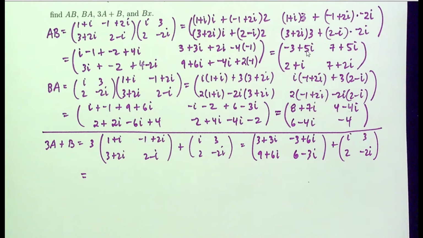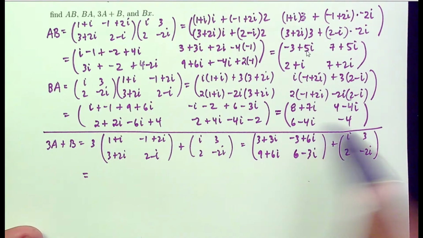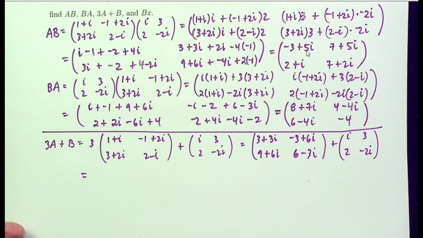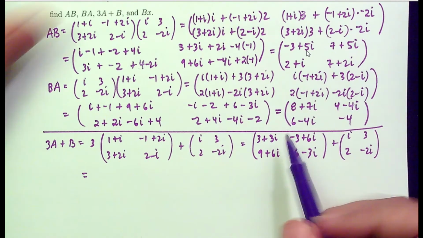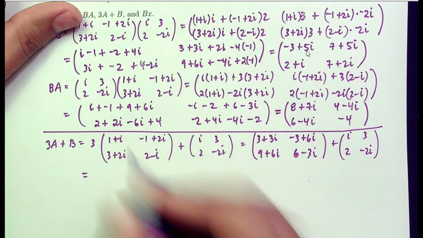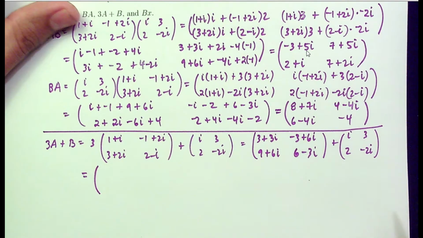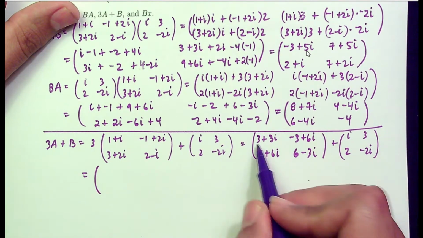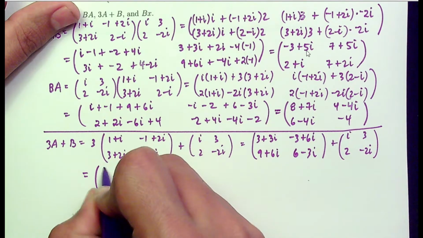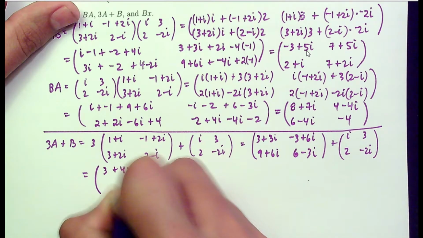And then lastly, for adding two matrices, you just add the corresponding entry. So the upper left corner with the upper left corner gives me the upper left corner of the answer. So I'm just adding 3 plus 3i plus i, so that would be 3 plus 4i.